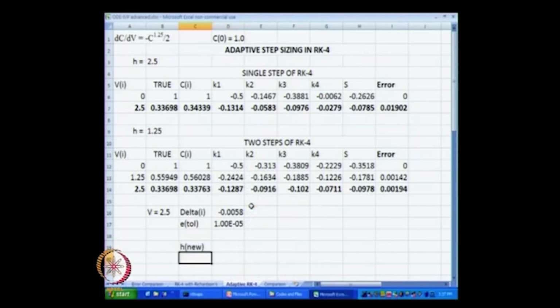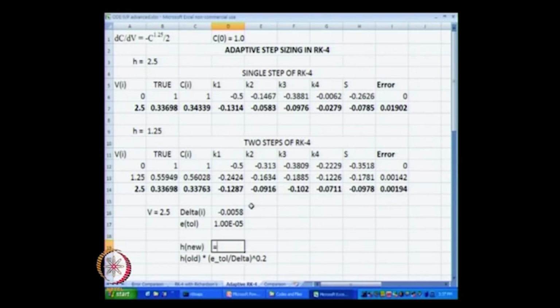Okay. Recall h new is nothing but h old multiplied by epsilon tol divided by delta raised to the power 0.2. Okay. So, that is what I am going to compute.